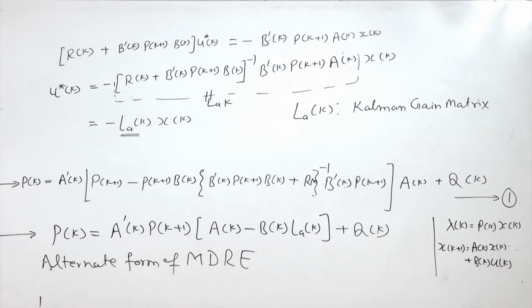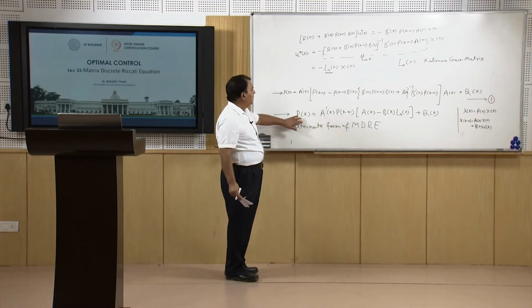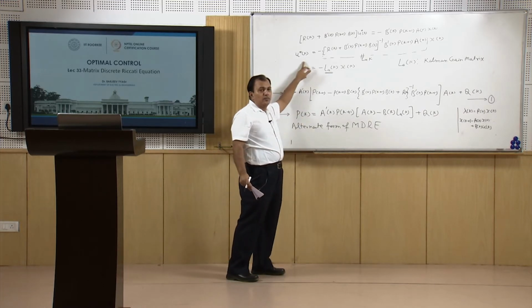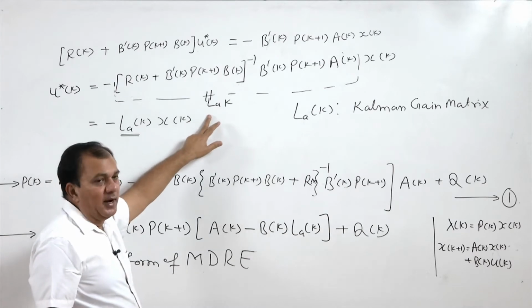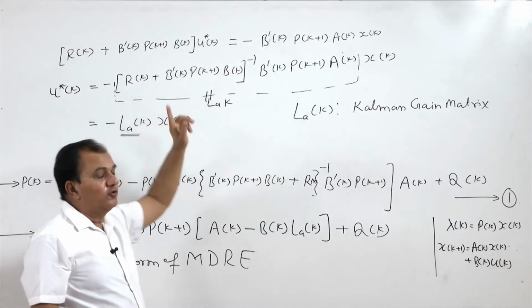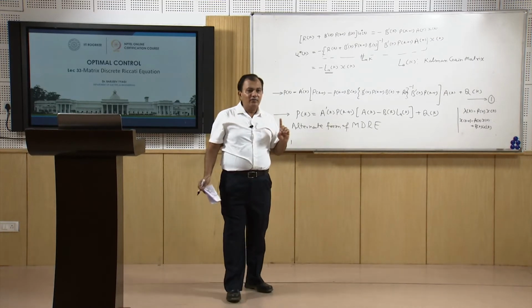Normally we utilize this form to determine the value of P k and to find out the value of U k, because in this case the Kalman gain matrix which we are finding does not require the inverse of the A transpose matrix.